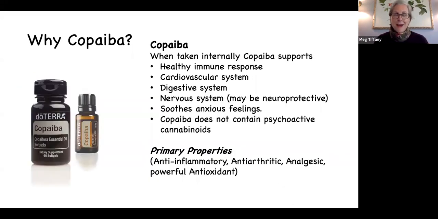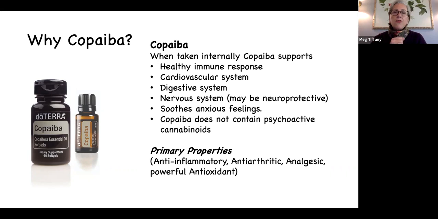Copaiba is the other fundamental, I think, in managing pain in the toolkit. Copaiba comes in a couple different formats. It comes as soft gels, and it also comes as an essential oil. So you can take it internally, and when you do that, it really helps promote a healthy immune response. What do we mean by that when we talk about inflammation?